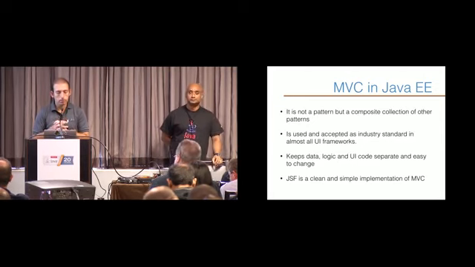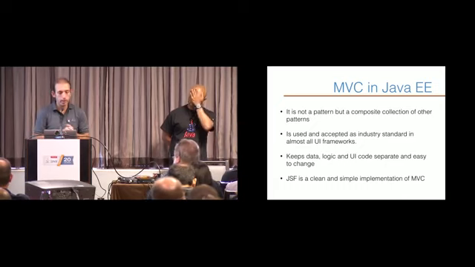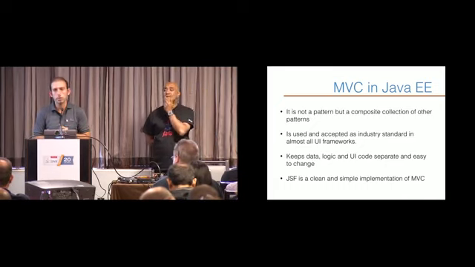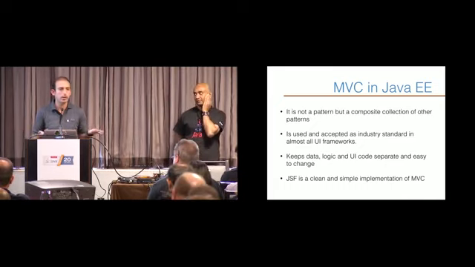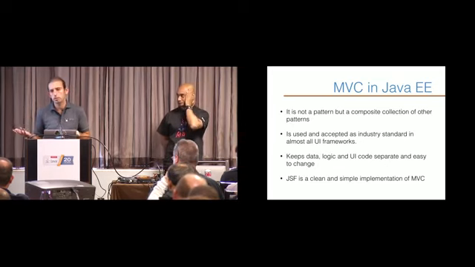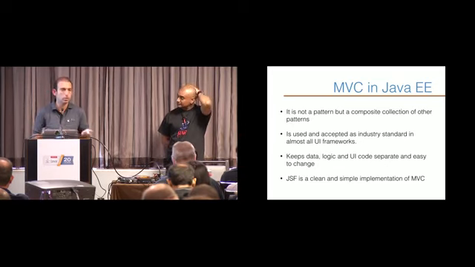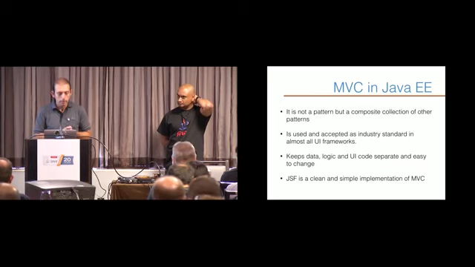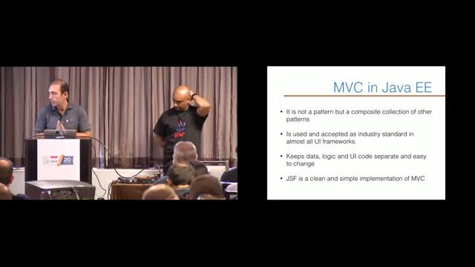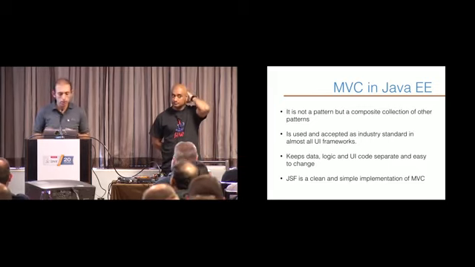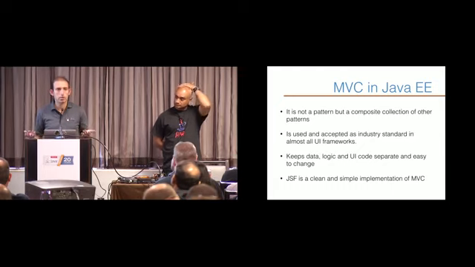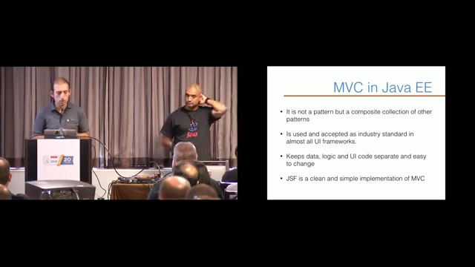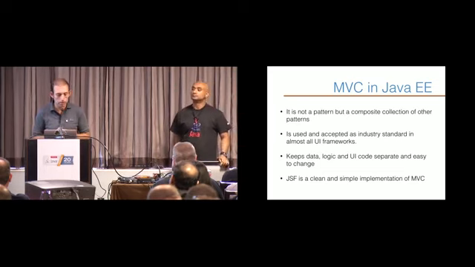So MVC is used widely in almost all UI frameworks. Believe it or not, if you did any kind of UI programming, at some point you used that. The main motivation is to keep the data, the logic, and the UI code separate, so it will be easy to change one part without breaking or introducing huge change to another part.